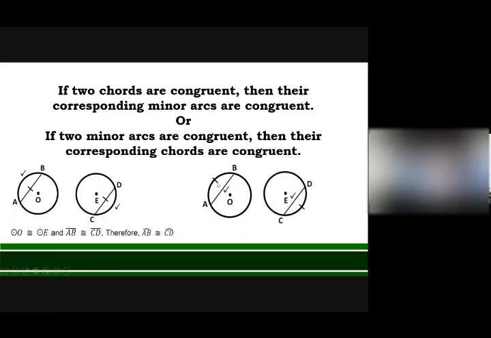Dito naman, if two arcs are congruent, okay po, kapag congruent ang ating arc, automatic, their corresponding chords are also congruent. Okay, so ganun lang po yun ha. If two arcs are congruent, then their corresponding chords are also congruent.